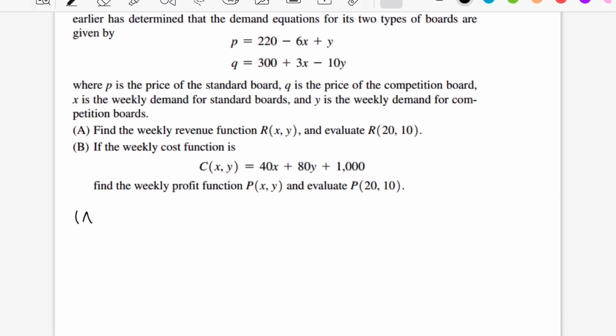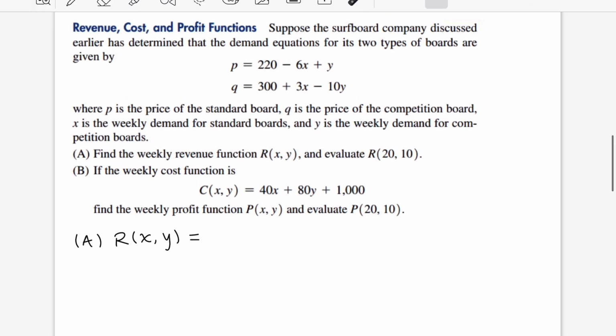So doing so, first off, we know that our revenue function is the demand times the price function, right? So for this guy here, it'll be the demand for the standard boards times the price function for the standard boards, plus the weekly demand for the competition boards times the price for that guy.